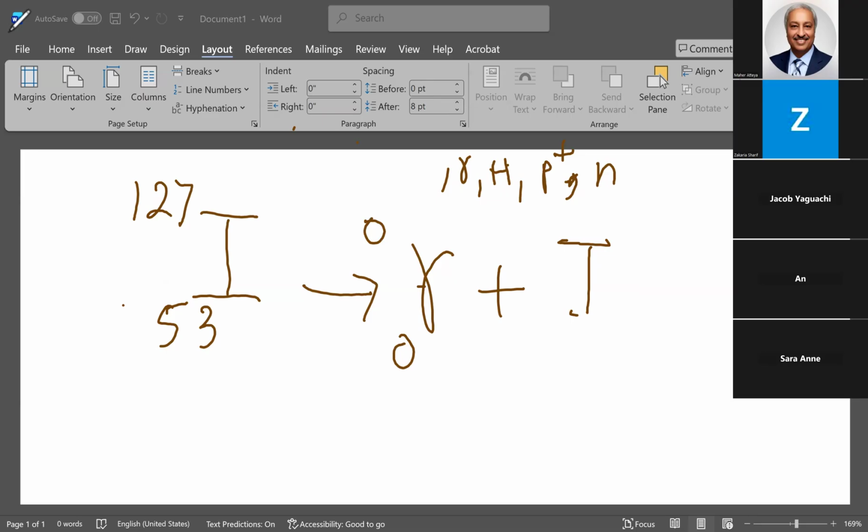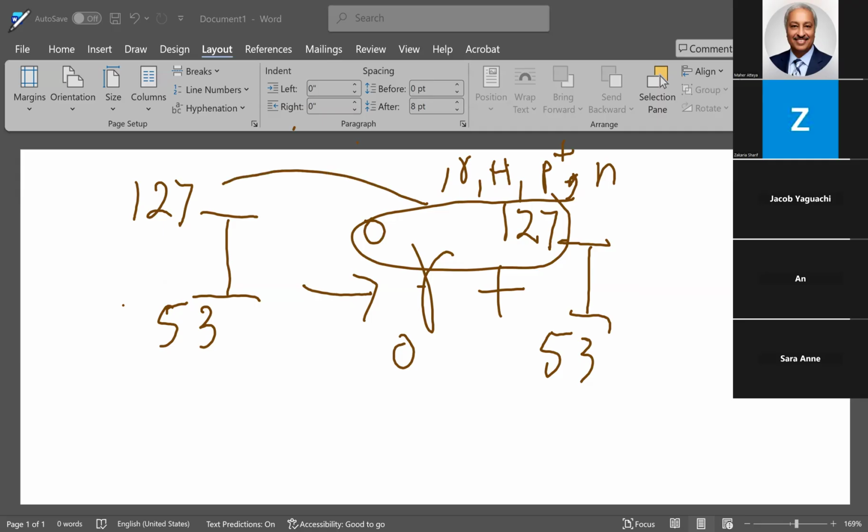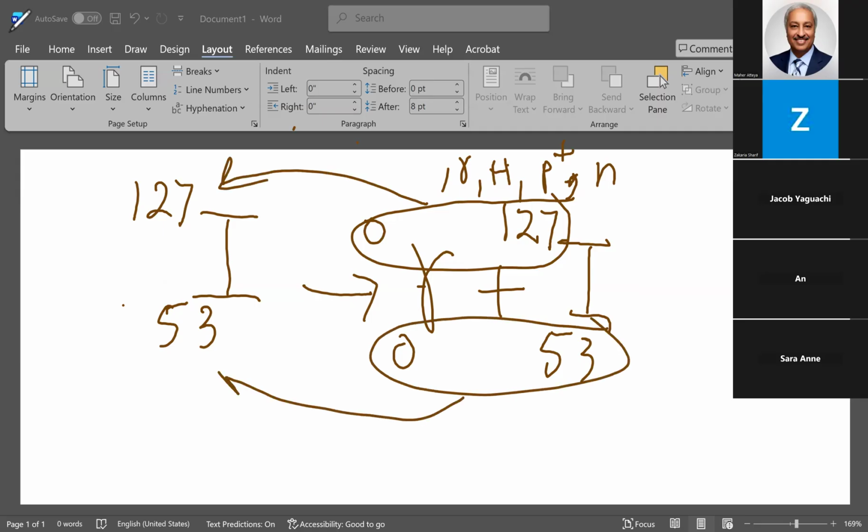There is no new element. That will be 53. That will be 127. Why is that? Because if you add those two zeros, you get the same value here. So gamma radiation is the only radiation that gives you the same element with no change in atomic mass or atomic number. Make sense, guys?